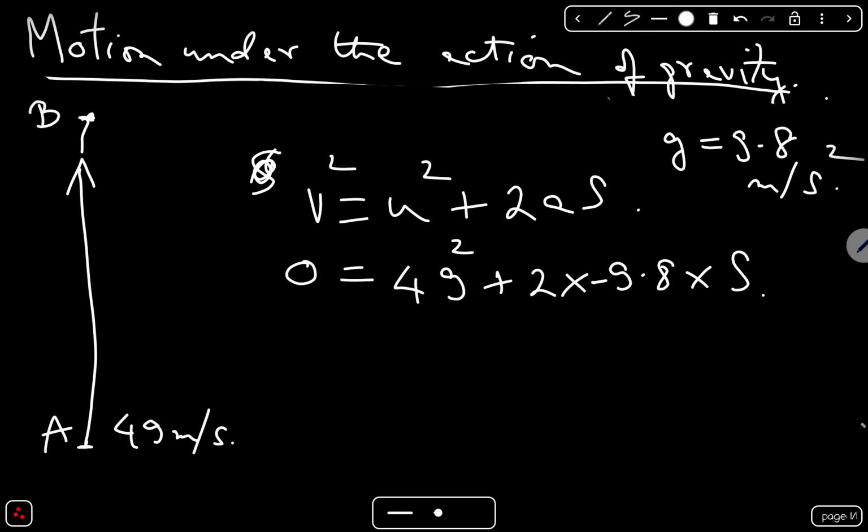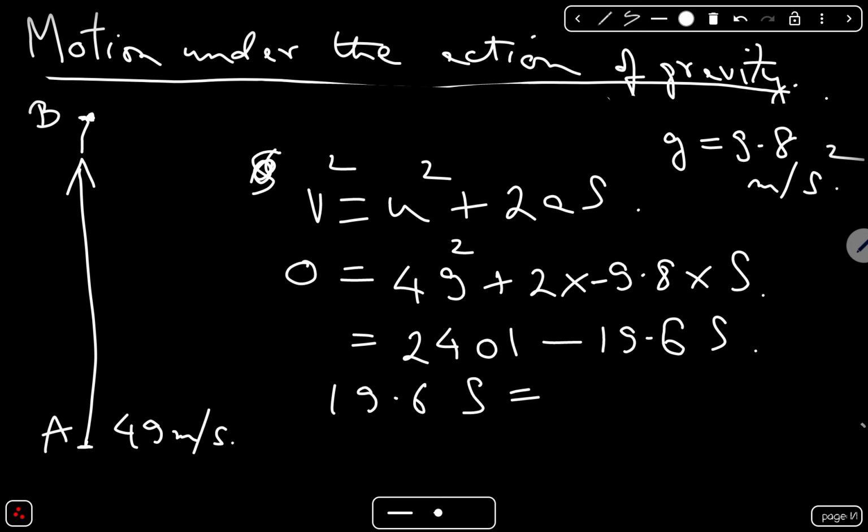So 49 square is nothing but, just use your calculator, 2401, minus 19.6 s. If I take minus 19.6 s to the other side, it will become 19.6 s is equal to 2401. Therefore the maximum height reached, that is at point B, s will be equal to 2401 divided by 19.6.